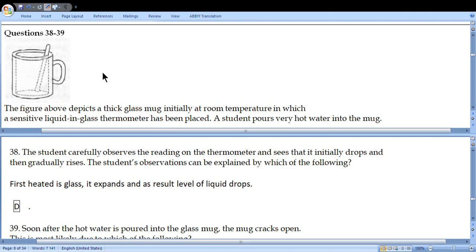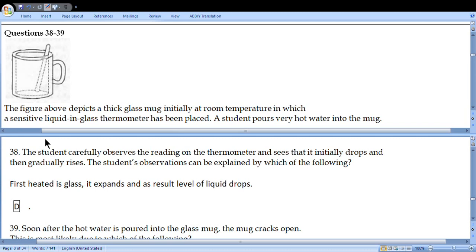A student pours very hot water into the mug. Question 38. The student carefully observes the reading of the thermometer and sees that it initially drops and then gradually rises. The student's observation can be explained by which of the following?